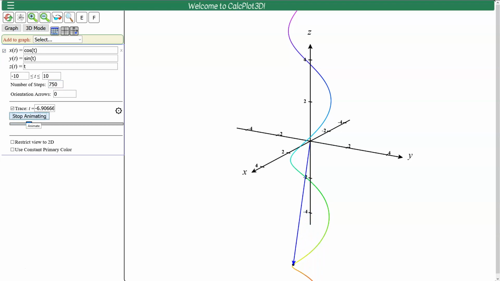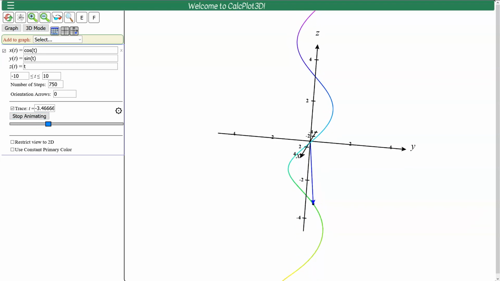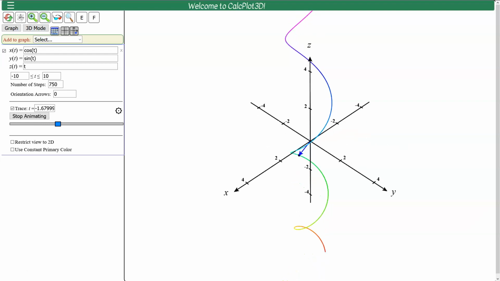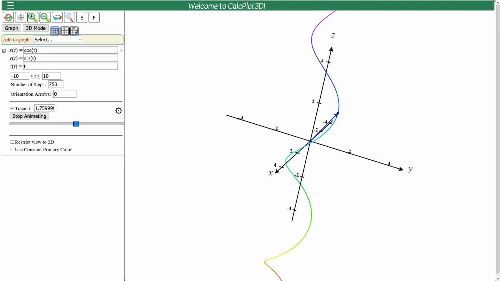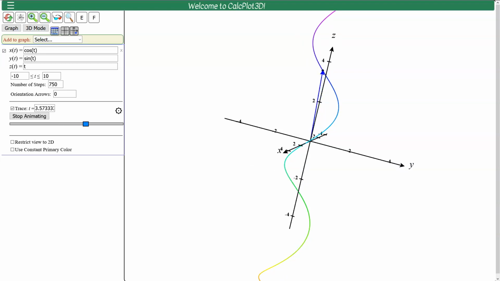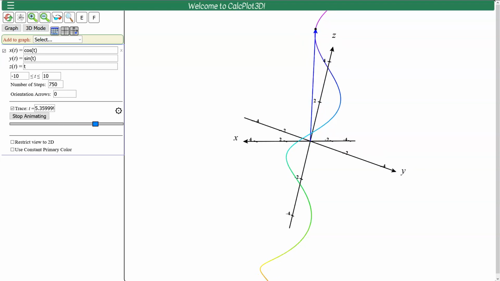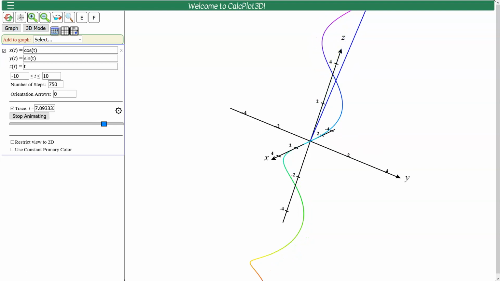And I'll move it around just so you can get some perspective. There you see it going through 1, 0, 0. And it goes up and away.